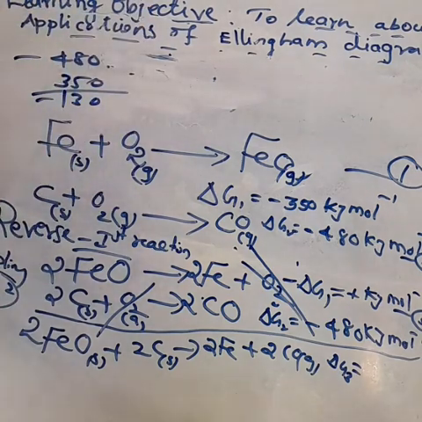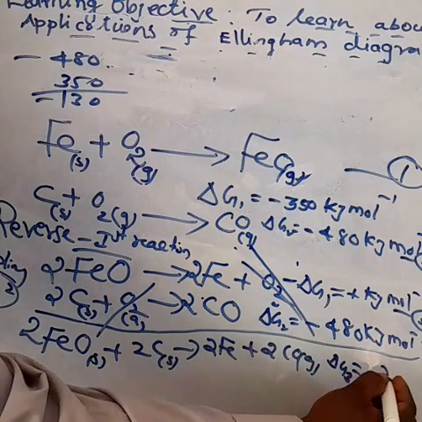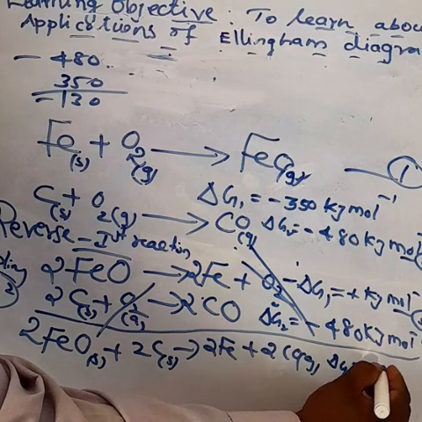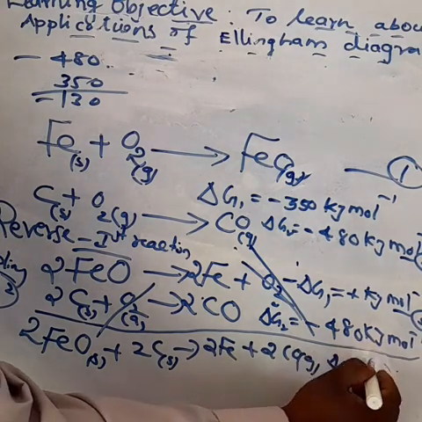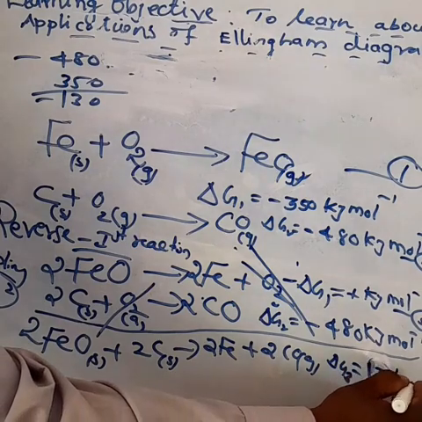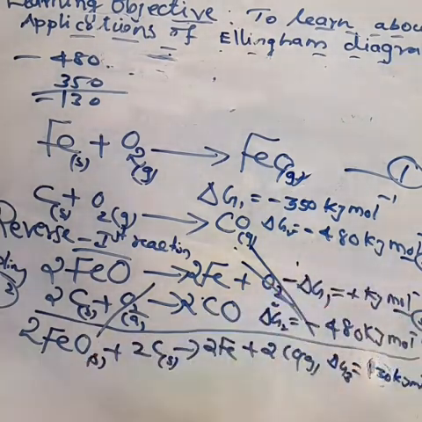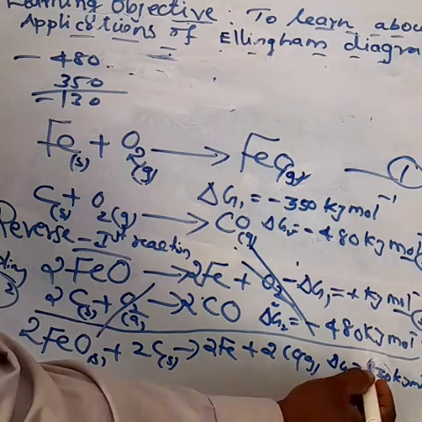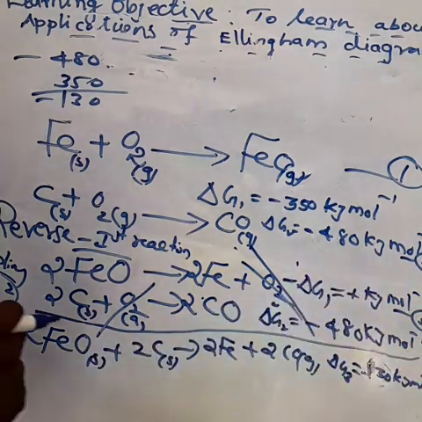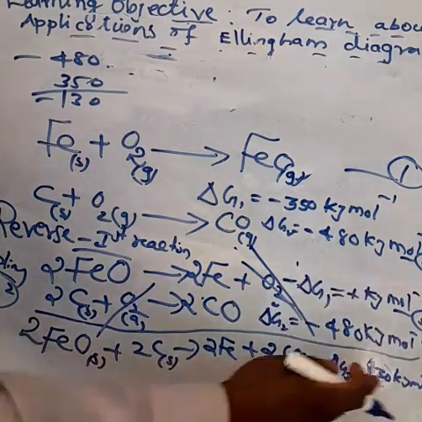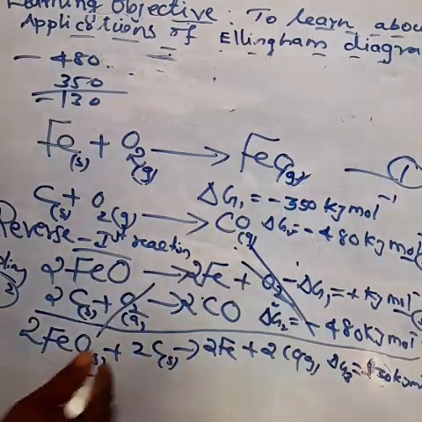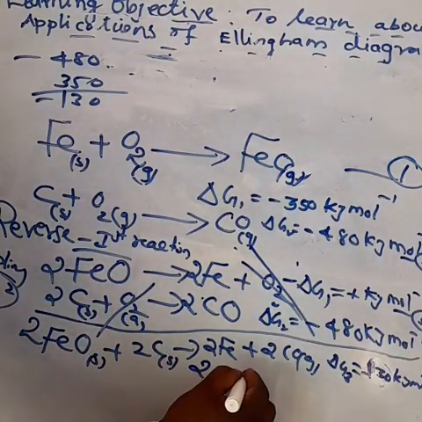That's equation number 4. In this equation, all have 2 moles, am I right? That is 2 FeO plus 2 carbon gives 2 Fe plus 2 CO.